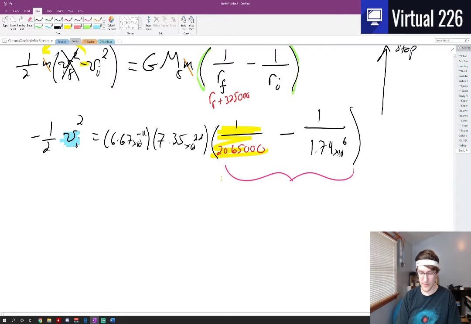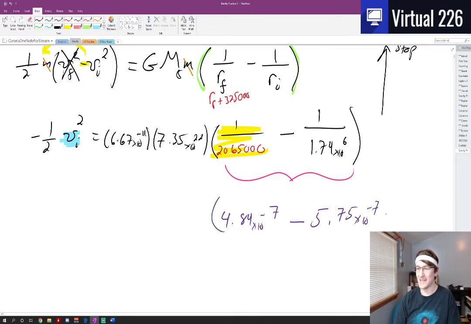So 1 divided by 2,065,000 is 4.84 times 10 to the negative 7th, minus, and then I'm going to type this section in separately. So 1 divided by 1.74 times 10 to the 6th equals 5.75, times 10 to the negative 7th.